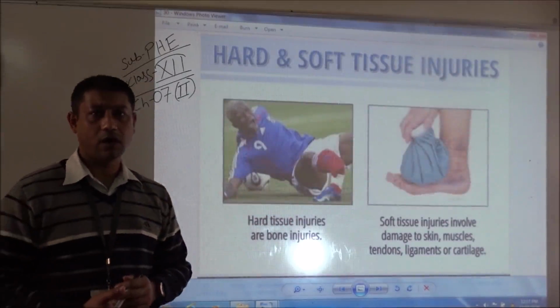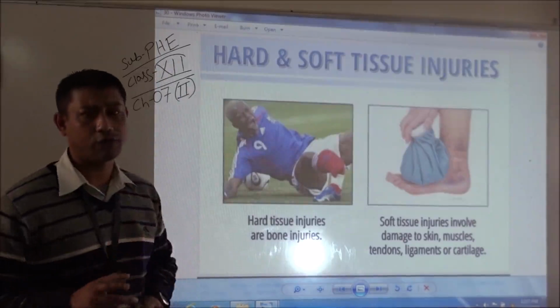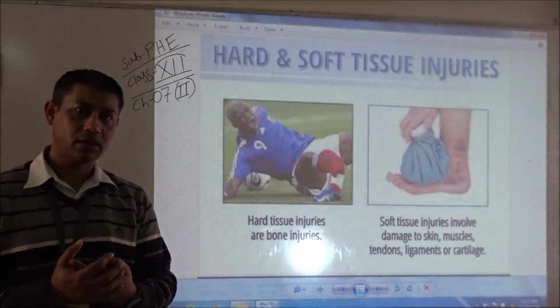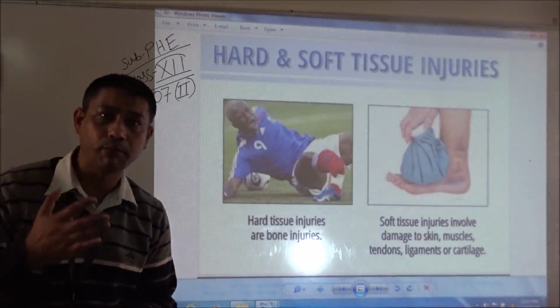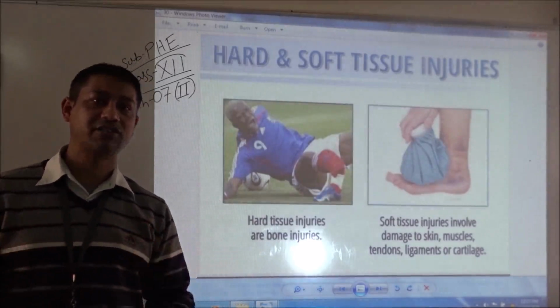Another type of sports injuries can be hard and soft injuries. Hard injuries means, students, basically the bone injuries, where various types of fractures occur.